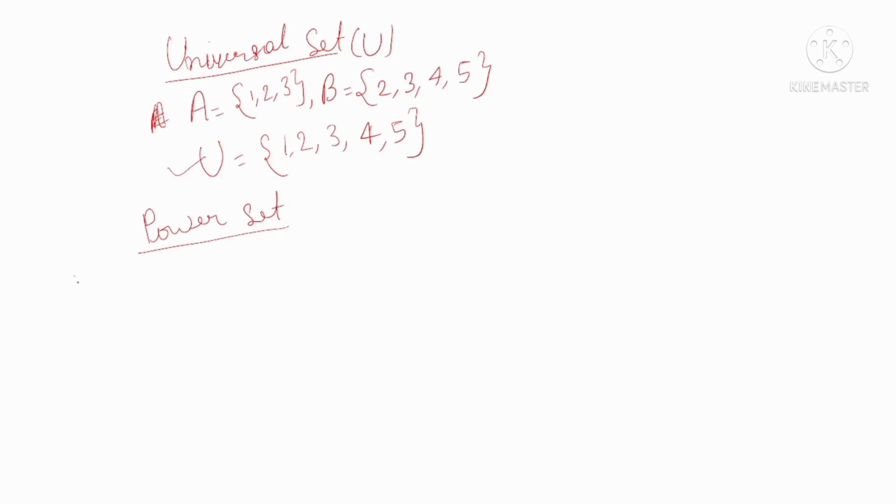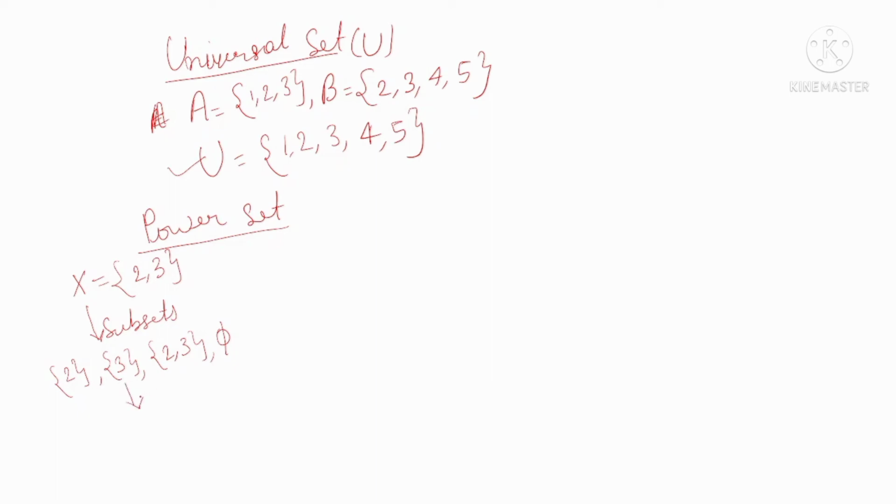For example, if X is a set, just like 2, 3, then the subsets of this set X will be 2, then the second subset 3, then the third 2, 3, and the fourth the empty set, because the empty set is always in all sets. So these are the subsets.